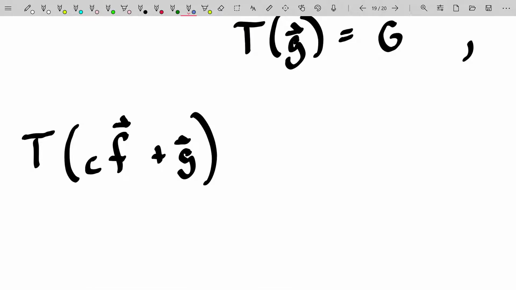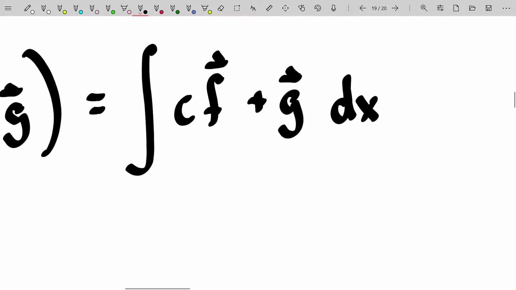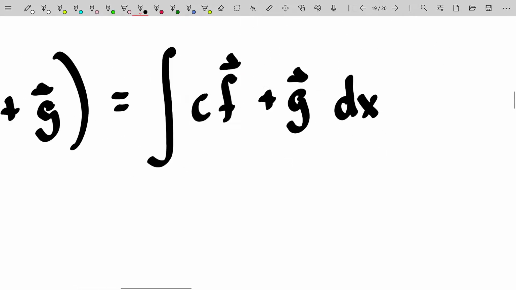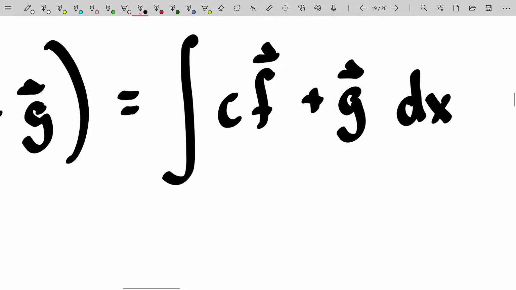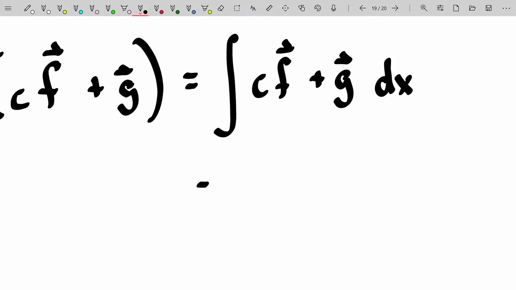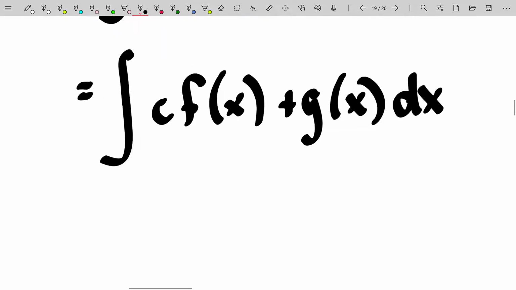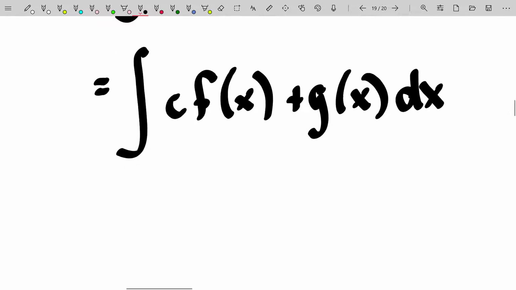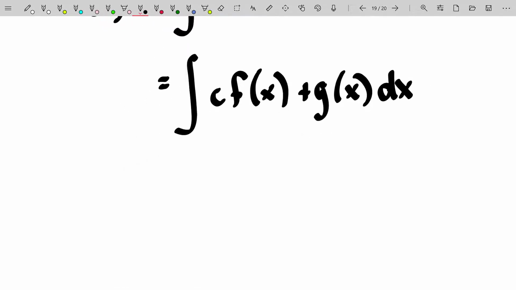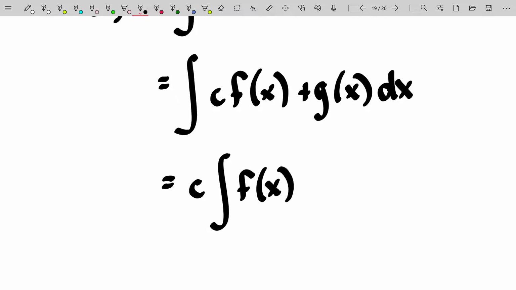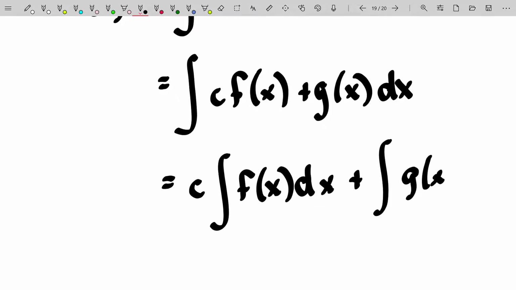Well, the transformation finds the antiderivative, and first of all, this notation is bunk right here. Once you get outside of the transformation, it's better to rewrite those not as vectors, but as functions. And second, because we have properties of integration from our previous courses, we know that this can be broken apart to c times the integral of f of x dx plus the integral of g of x dx.